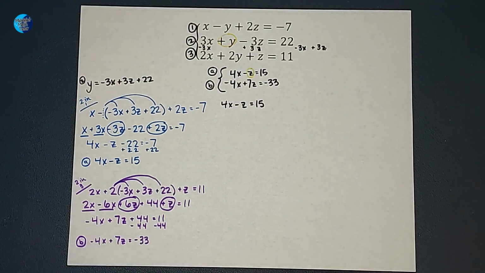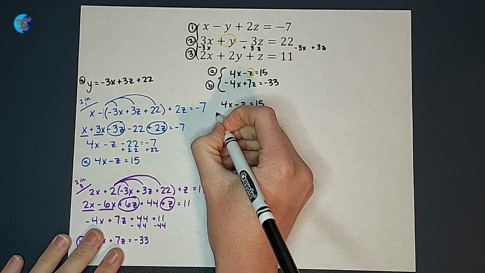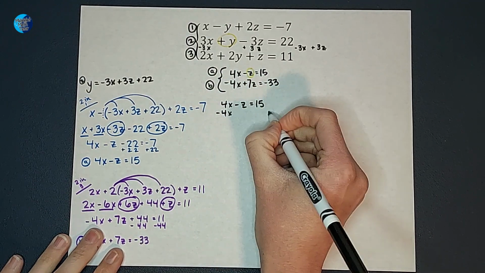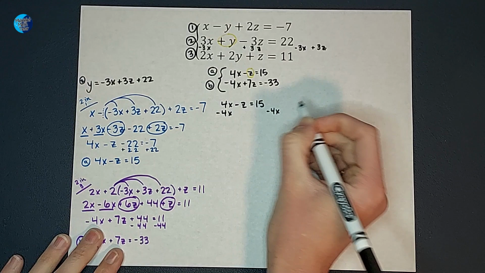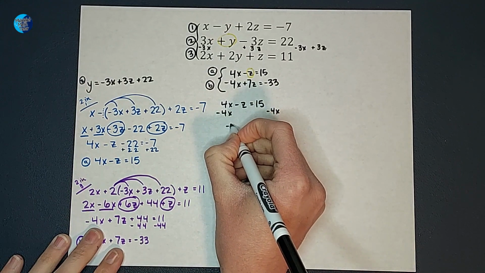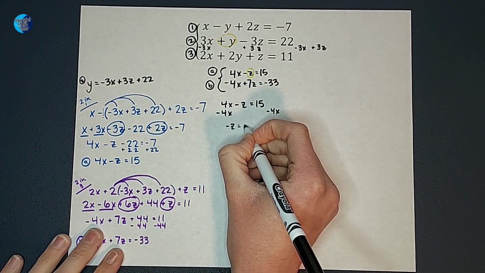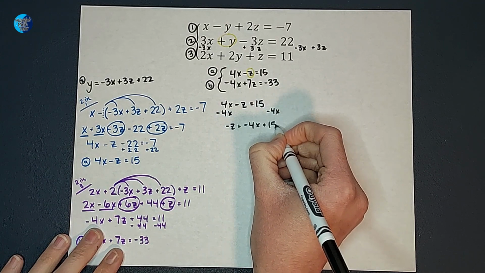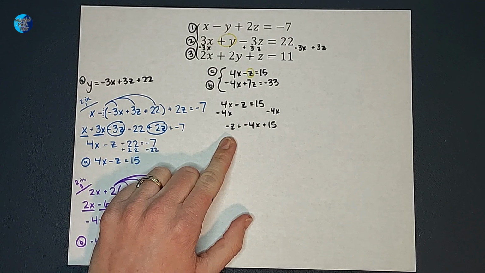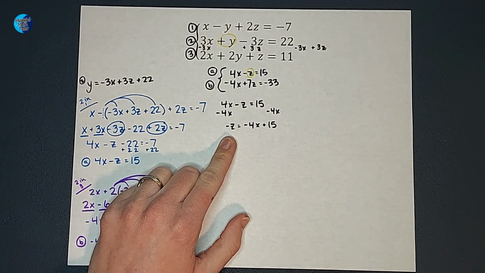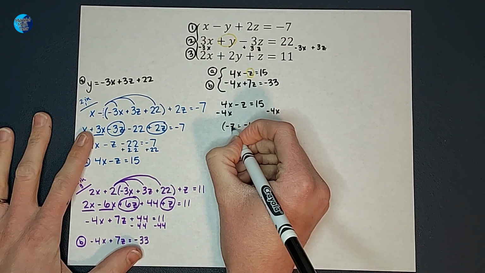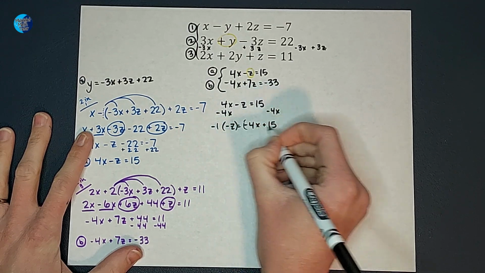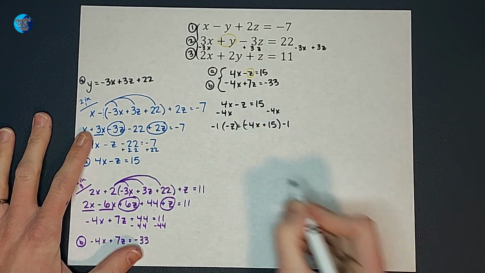So to get that z alone, first I'm going to subtract 4x from both sides, which will leave me with negative z equals negative 4x plus 15. But then I don't want to know what negative z is. I want to know what z is. So I can multiply by a negative 1 on both sides, which is just going to change everybody's signs, right?